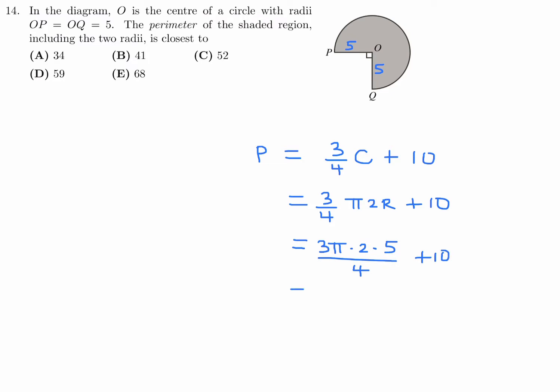So this is, let's see here, 10 times 3, 30. 30 divided by 4, 7.5 pi plus 10. And they want it closest to. All right, so let's convert this, and this is about 33.5. So it's closest to 34. So number 14, the answer is A.